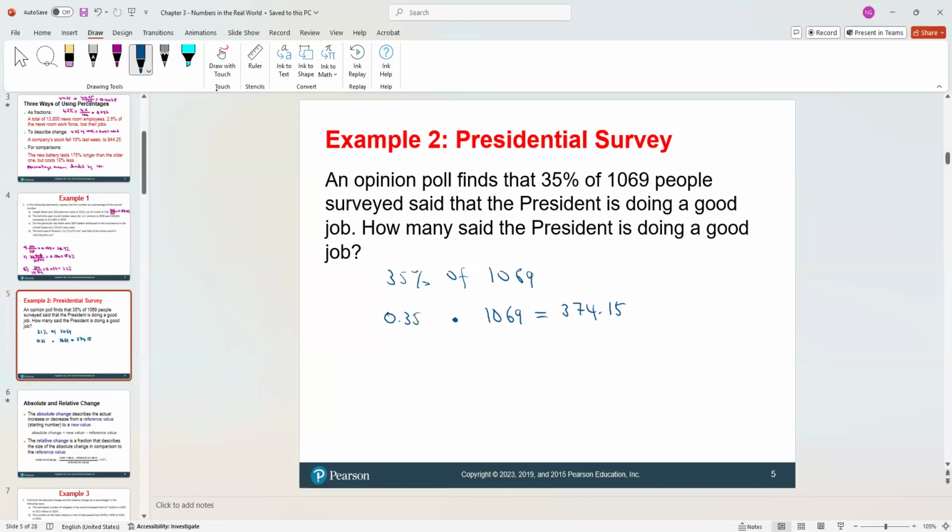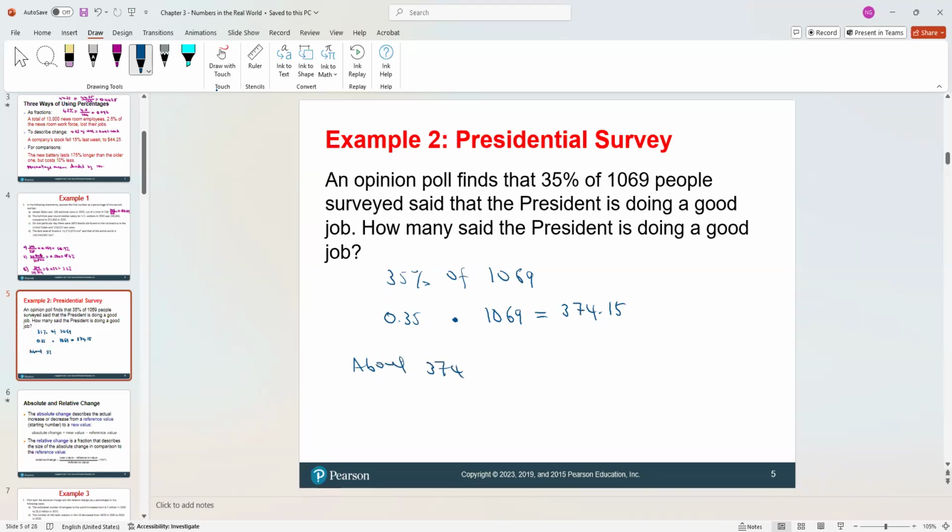It's either 374 or 375. So we can say about 374 people said the president is doing a good job. So we can round the answer to either 374 or 375, because we need to obtain a whole number.